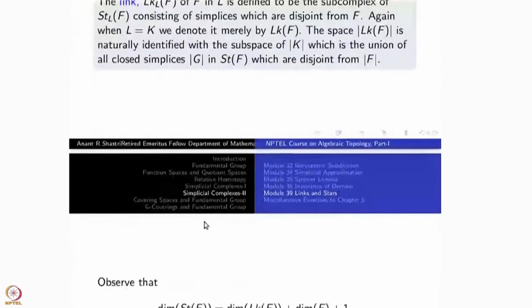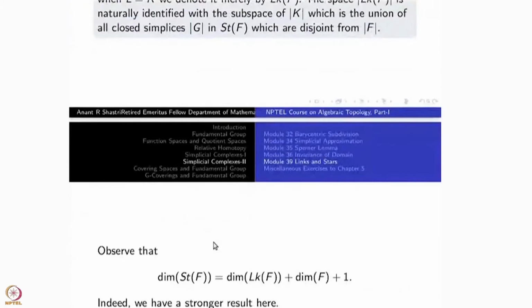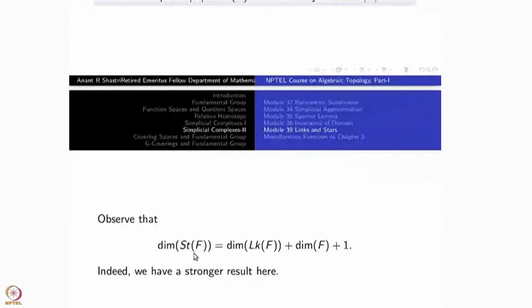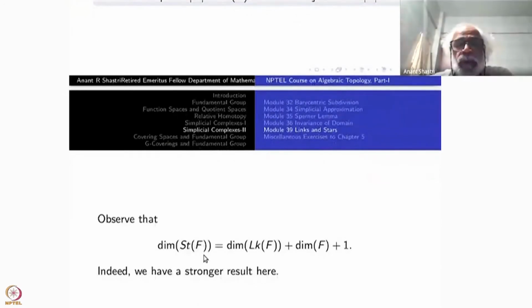First, purely combinatorially, observe what happens to the dimension of star F. Dimension of star F is actually equal to dimension of link F plus dimension of F plus 1. Why? Look at any simplex here.